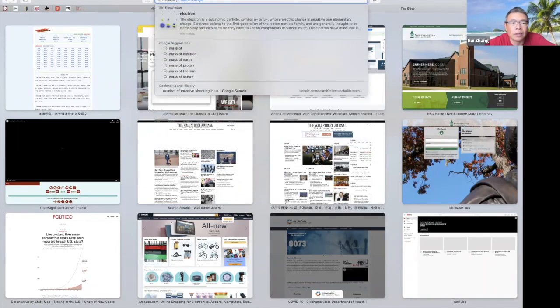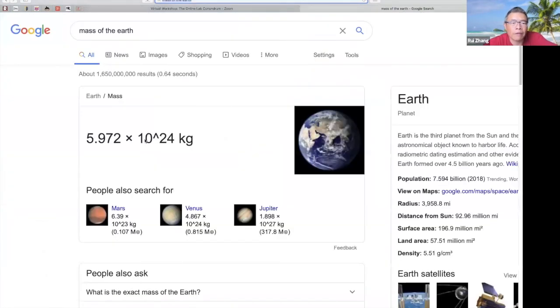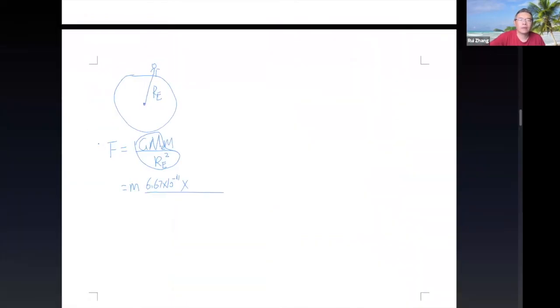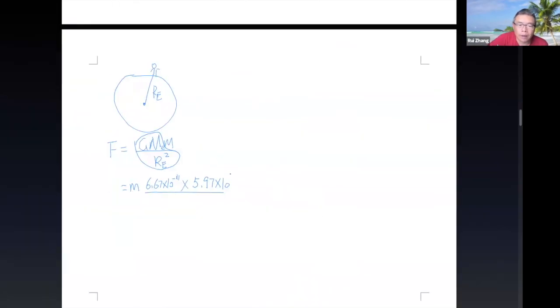The mass of the Earth is 5.97 times 10 to the 24th. We'll just keep 3 significant figures because that's what we have.